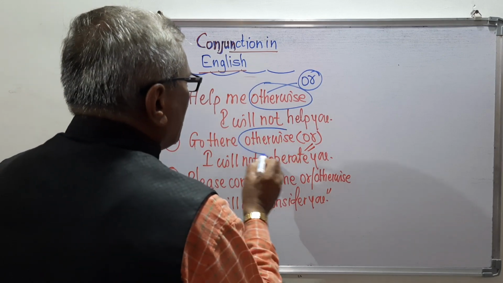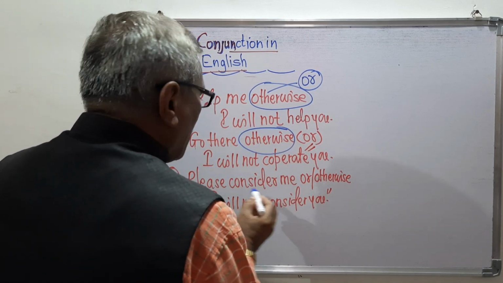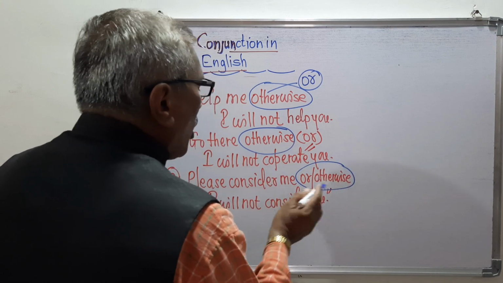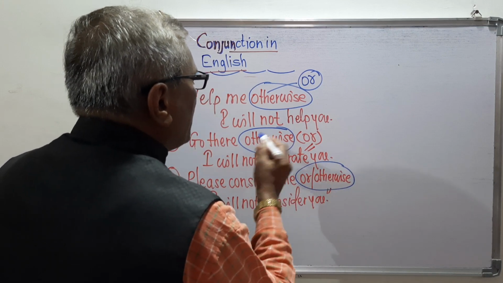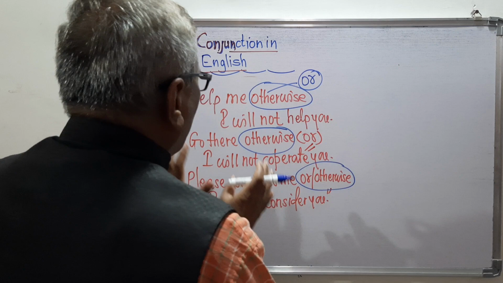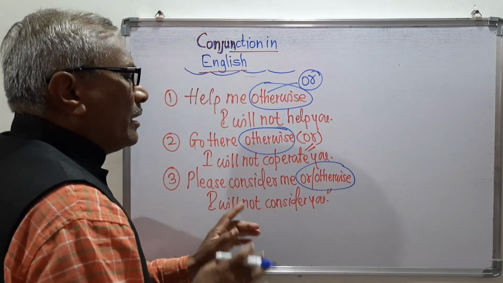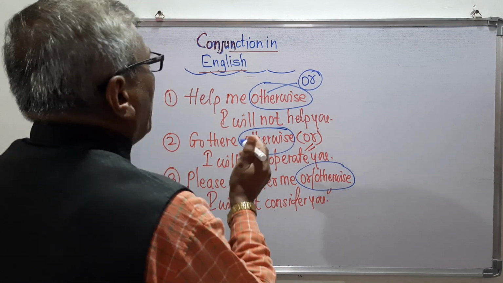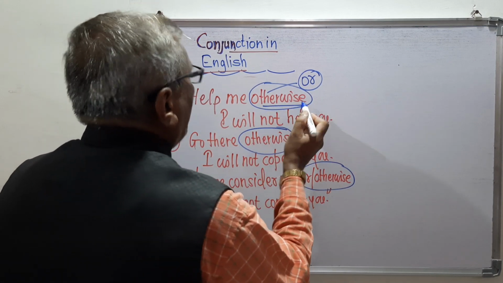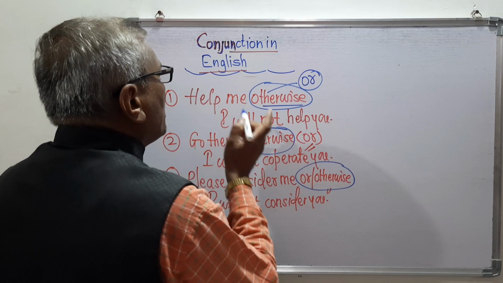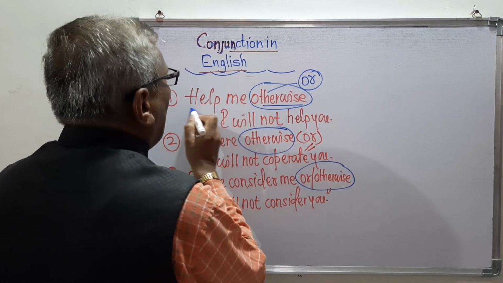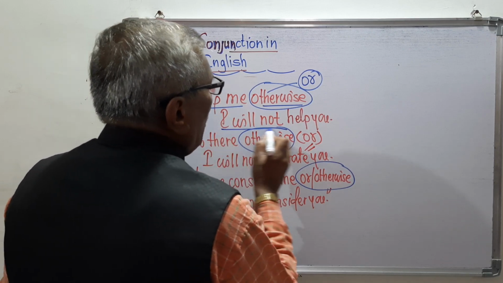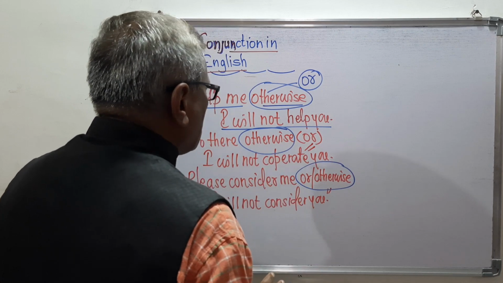So otherwise is the conjunction. Or is the conjunction. Otherwise means or. And these are the examples which are showing the use of the otherwise conjunction. This otherwise has joined two sentences, remember. Help me is the first sentence, I will not help you is the second sentence.